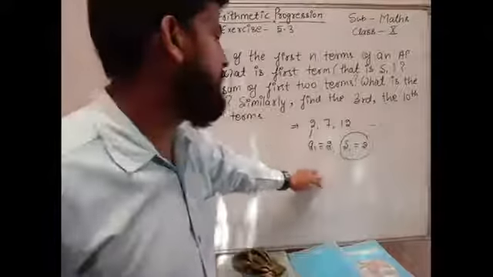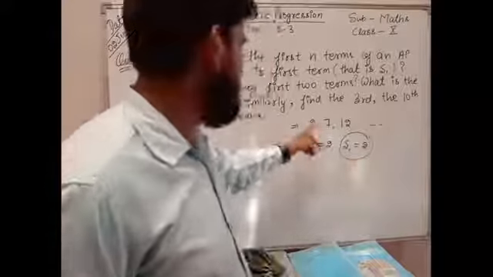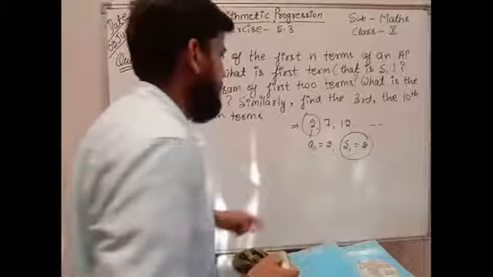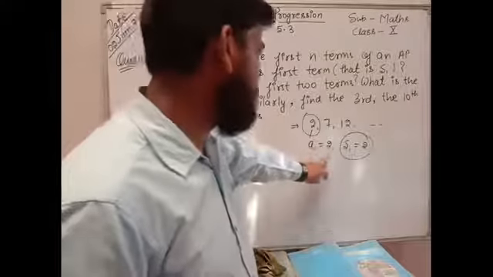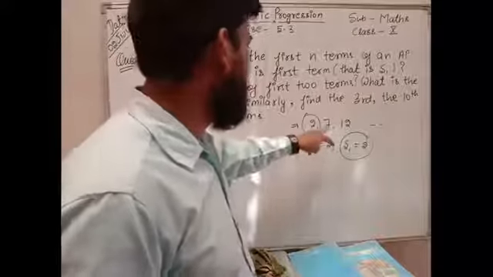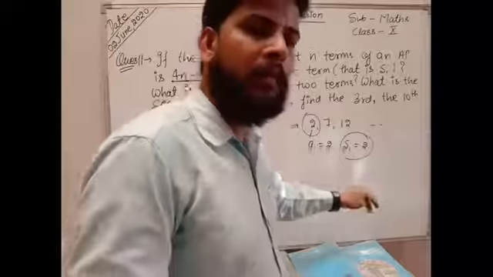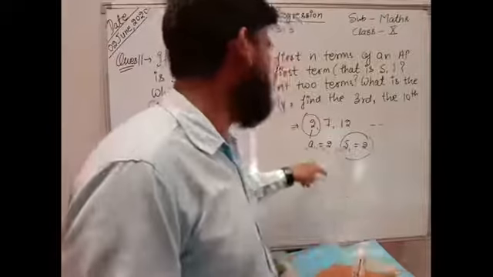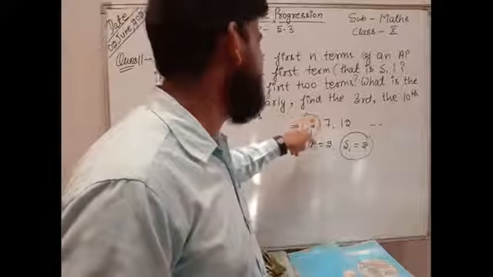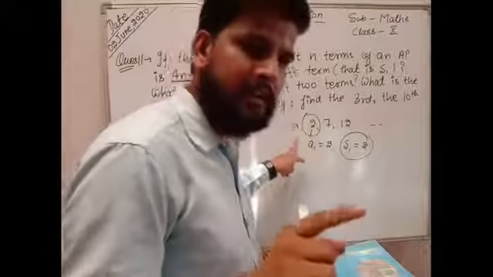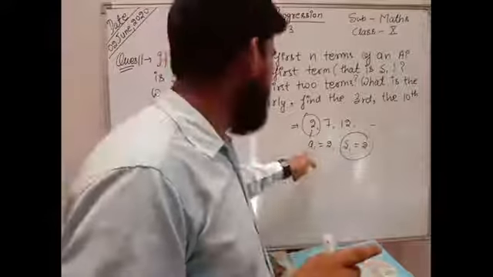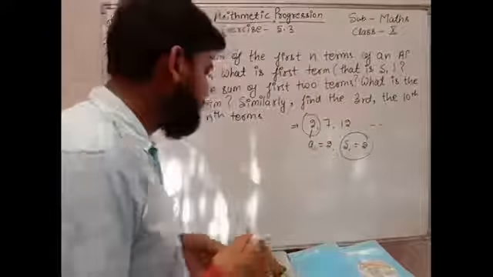The sum of the first term is 2, because when we calculate the sum of the first term, it is also A1. We cannot add anything to the first term to calculate S1. So A1 and S1 are always the same.